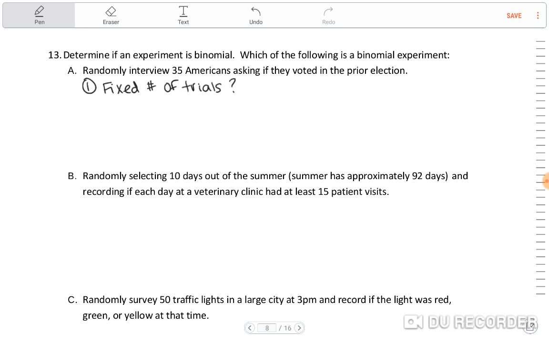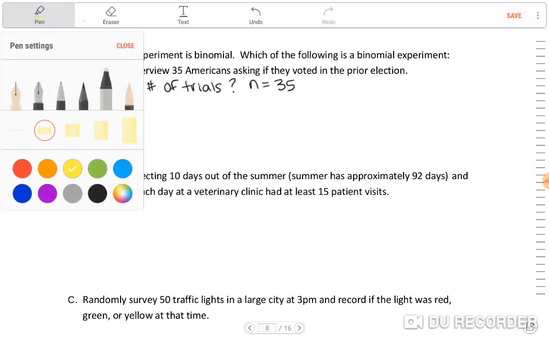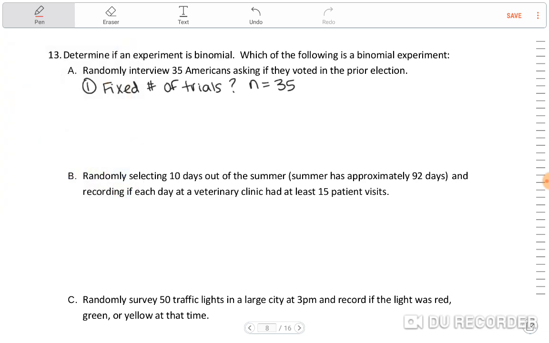The answer is yes, there is. N is 35, 35 Americans. That's my N. So it says fixed number of trials, that means your sample size is fixed, right?